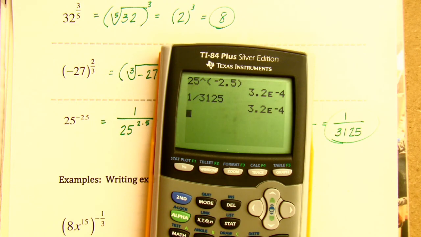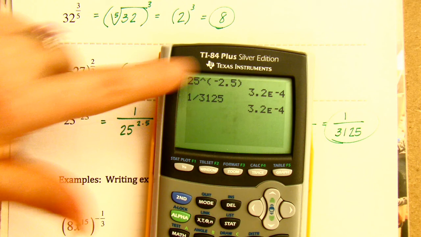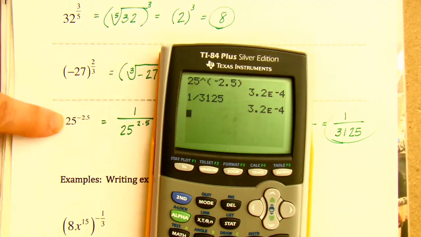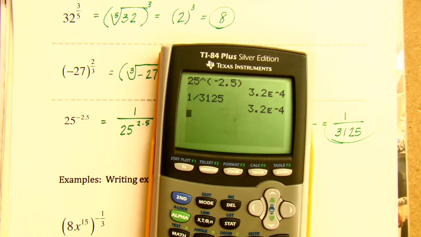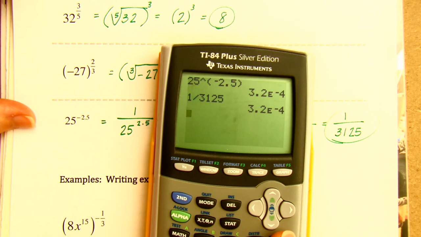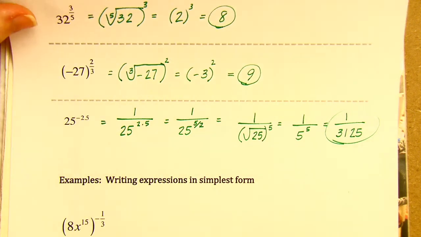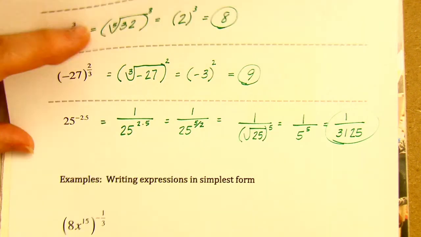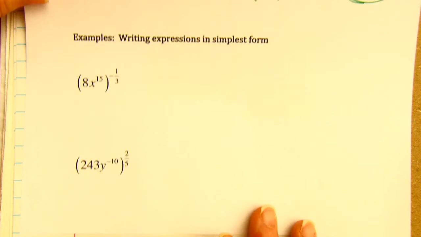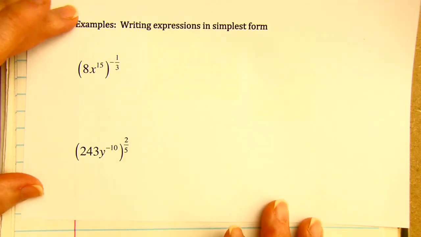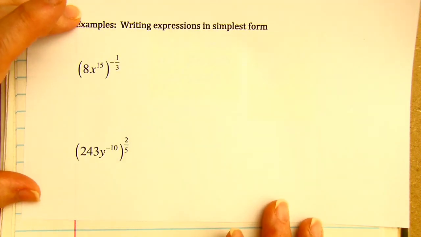Okay, so you could check if you're right by getting the same decimal for your beginning problem and your ending problem. But again, you should never try to use the calculator just to do it for you. I'm going to be looking for steps in your work. All right, on to the next type. 2 more examples. You will then have some practice problems to do over the course of 2 days.